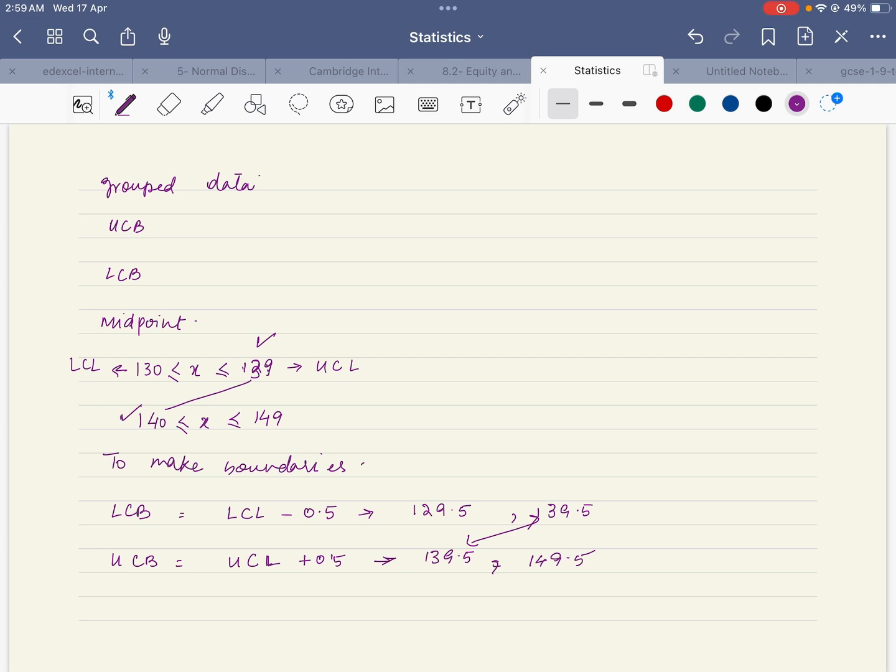Also, in this data, you multiply fx, but in this one, x is the midpoint of the class interval. And how do we calculate the midpoint? The formula for midpoint of class interval is lower class boundary plus upper class boundary upon 2.